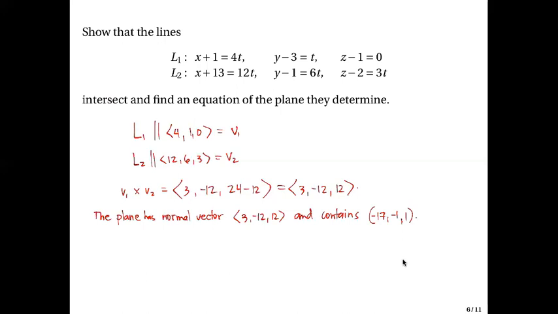So the equation is 3 times x minus negative 17, so that's plus 17, minus 12 times y minus negative 1, so that's plus 1, plus 12 times z minus 1, and this is now equal to 0.